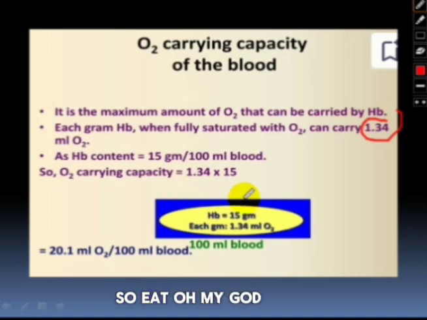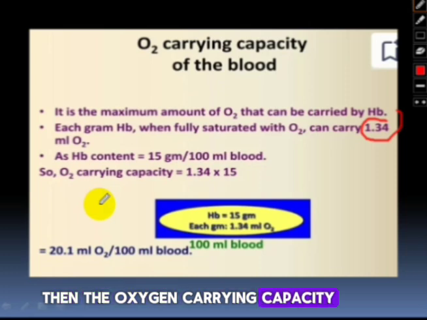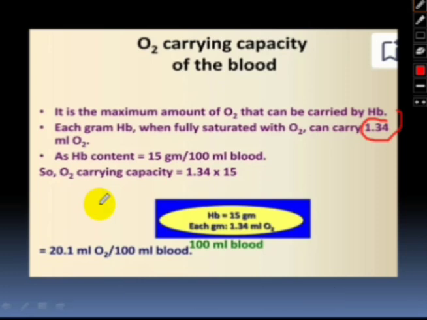So if the hemoglobin content of the blood is 15 grams per 100 ml of blood, then the oxygen carrying capacity of the blood will be equal to 1.34 times 15 grams. Alright?